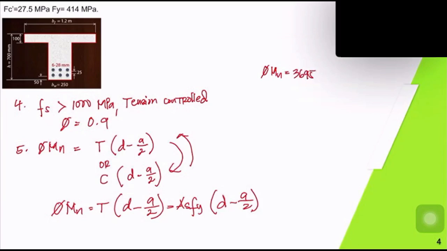3695, 414, 609.5 less 54.54 over 2. So what is Mn?